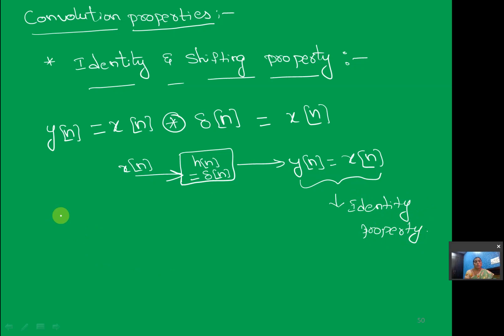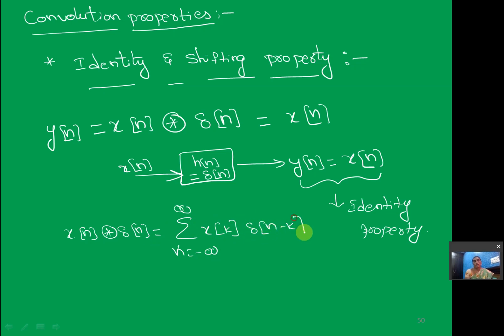Now, how can you prove this? x of n convolved with del of n means the summation from minus infinity to infinity, taking k here, of x of k, and the second sequence is folded and shifted, that is del of n.